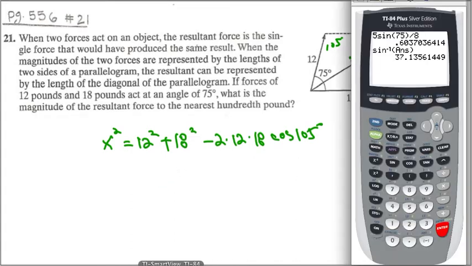Then, let's put that into a calculator. 12 squared plus 18 squared minus 2 times 12 times 18 times cosine of 105.